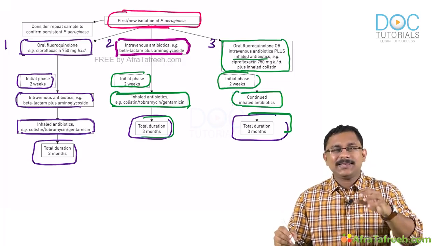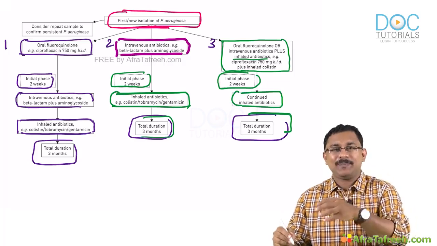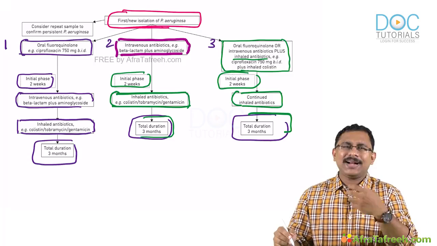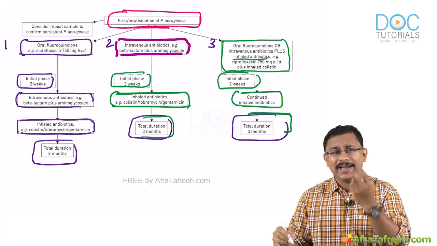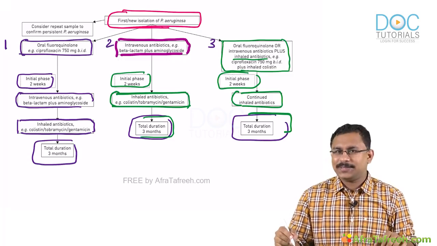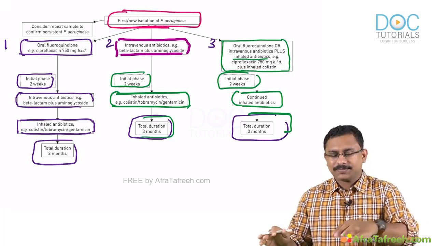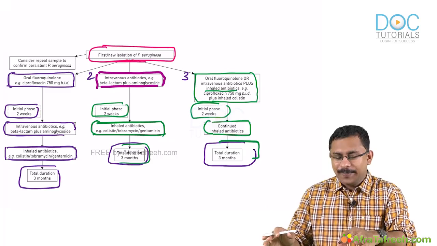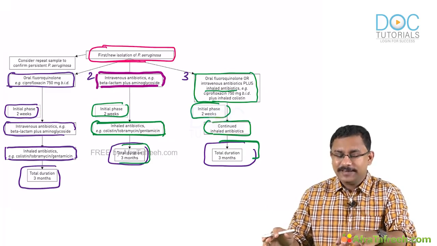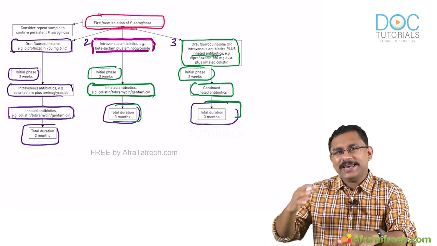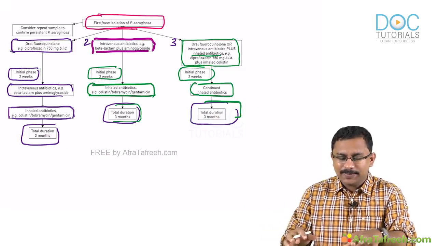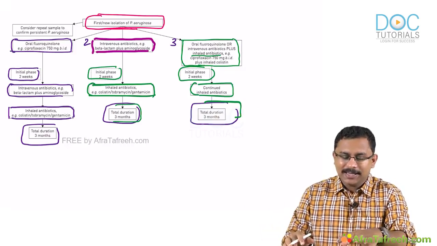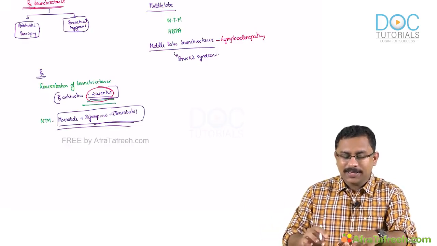Whether you select number 1, number 2 or number 3 depends on the condition of the patient and how aggressive you want to treat the patient. Okay, which is very important. Okay. Now, so you have got to be aggressive. Okay, especially on Pseudomonas infections. Now, suppose if it is any other organism that is being isolated, in that case 2 weeks antibiotic therapy is required.